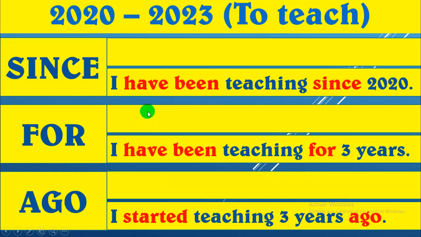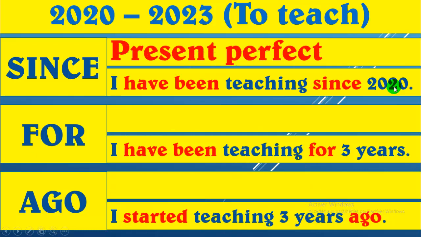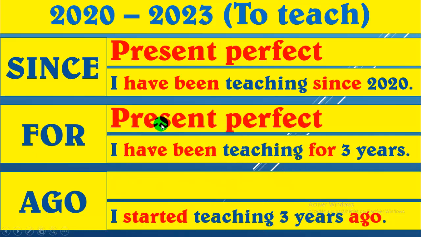I have been teaching since 2020 is the present perfect, as you can see. So since is often used with the present perfect. For is also used for the present perfect for this lesson in troisième, but you will see in première terminale that we can have for even for the prétérit.